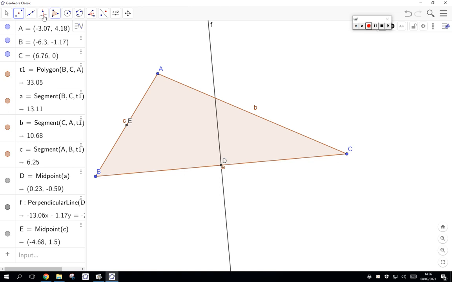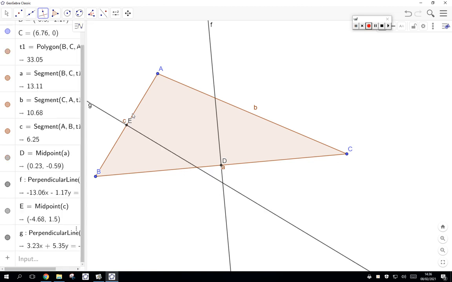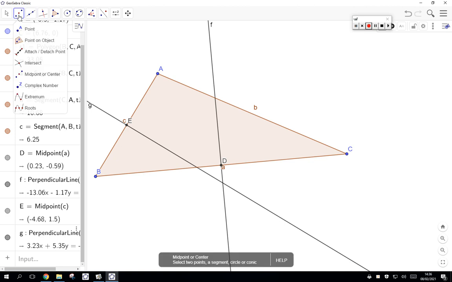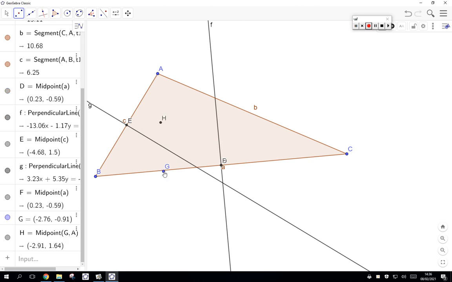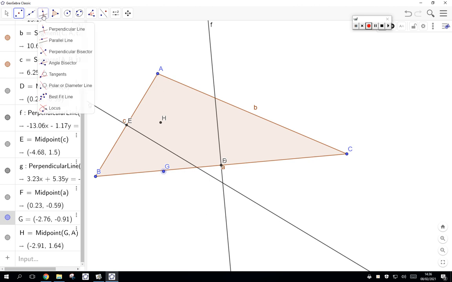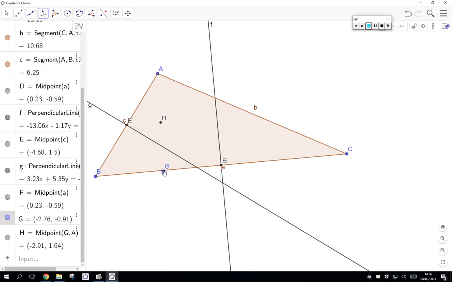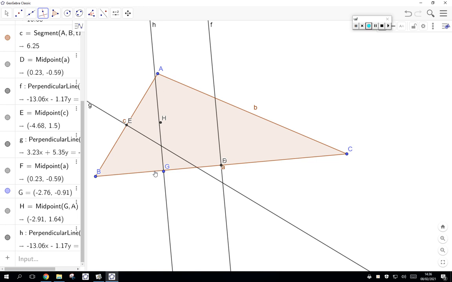Pick a midpoint and draw the line perpendicular to the side passing through that midpoint. Pick a midpoint, draw a line perpendicular to that side containing the midpoint.